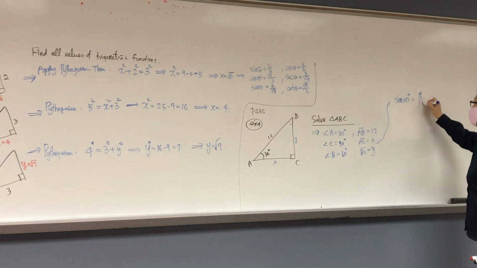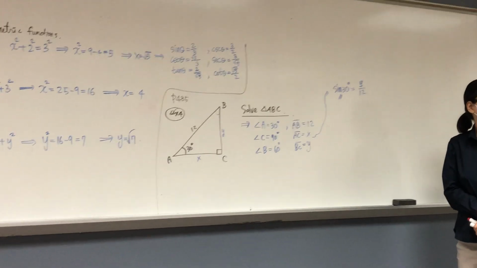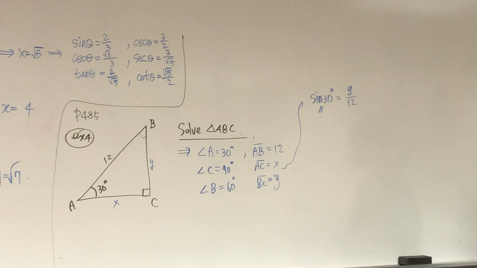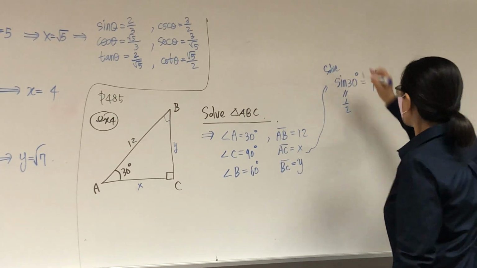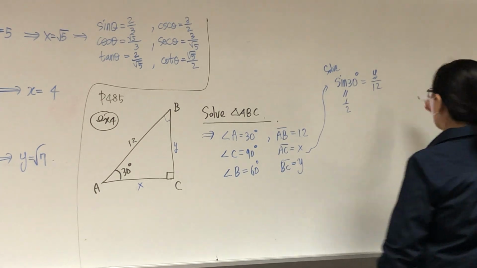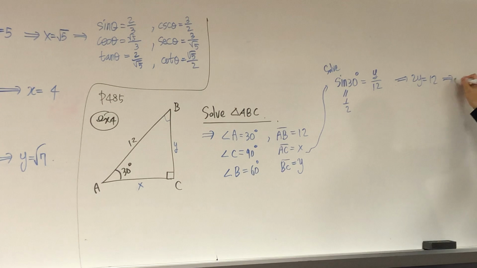Very good. And then what is sine 30? 1/2. Good. So you have to solve this for y. Cross multiplication. So 2y equals 12. So y equals 6. Because 30 is the special angle.